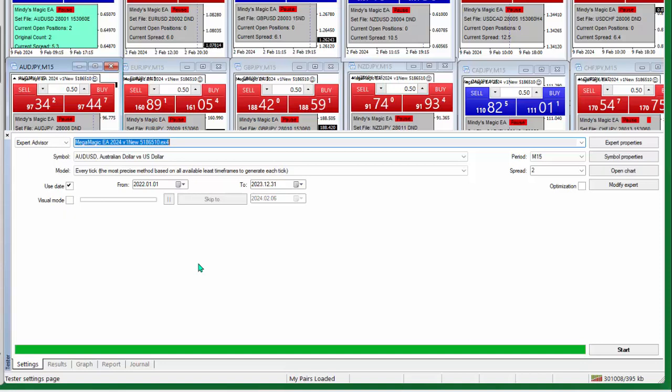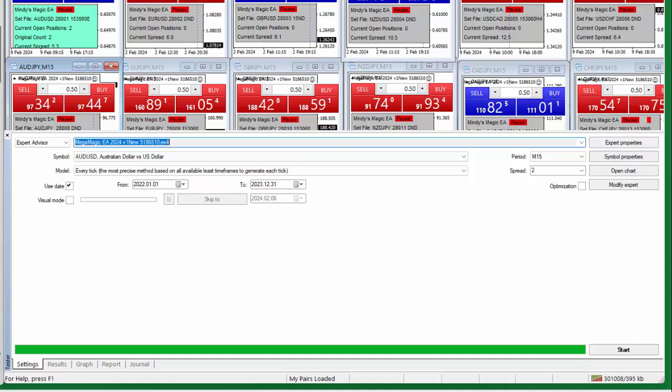But by the same token, the only way we have to judge how an EA is going to produce in the future is by looking at the past results. So past results are not a promise, but past results are the best indicator that we have of how an EA will perform in the future. So what I'm doing in MetaTrader 4, all of my EAs are built for MetaTrader 4, not MetaTrader 5.